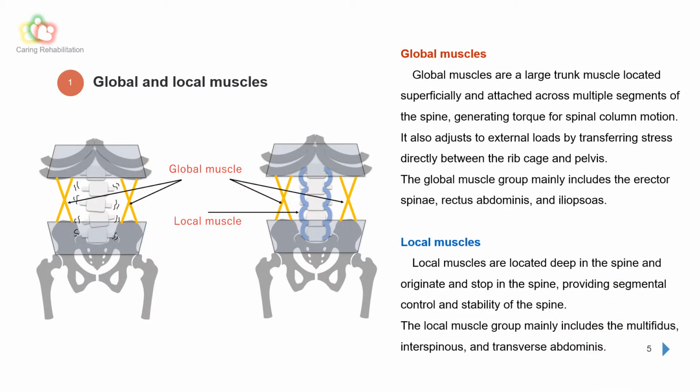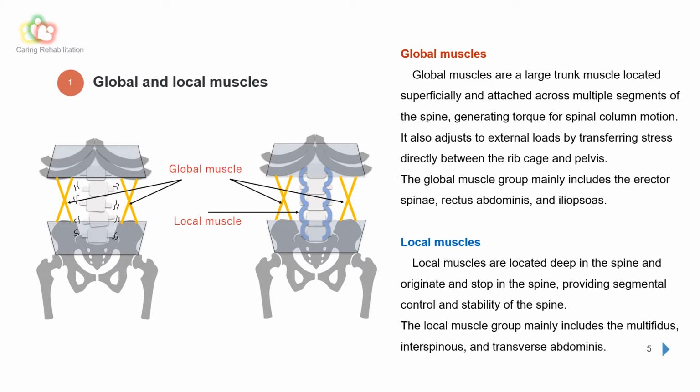Repeat again. The muscles of the trunk can be divided into global and local muscles based on their anatomical characteristics and functions. The global muscle is a large trunk muscle located superficially and attached across multiple segments of the spine, generating torque for spinal column motion. It also adjusts to external loads by transferring stress directly between the rib cage and pelvis.